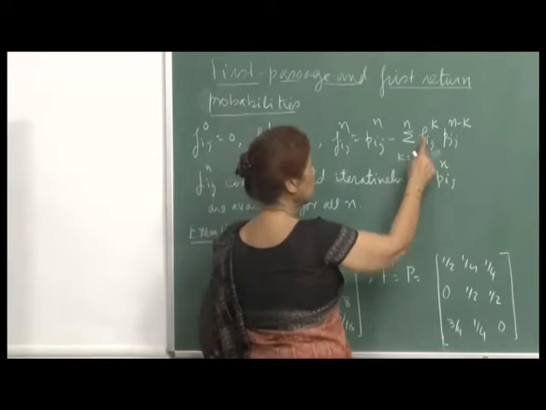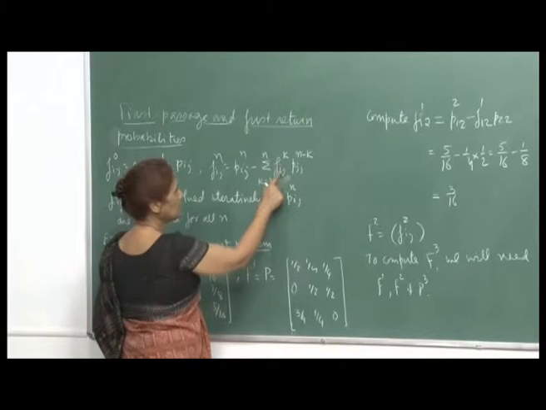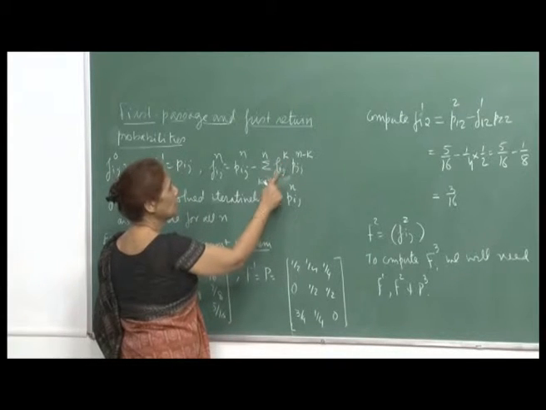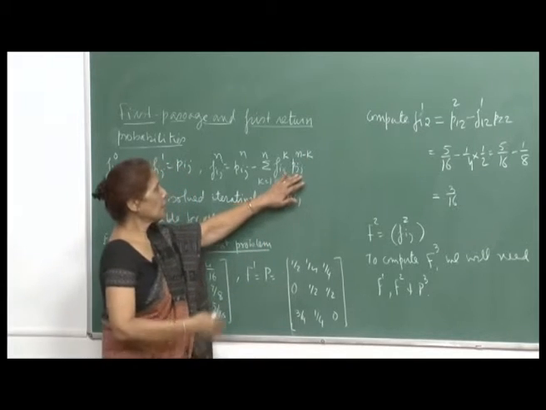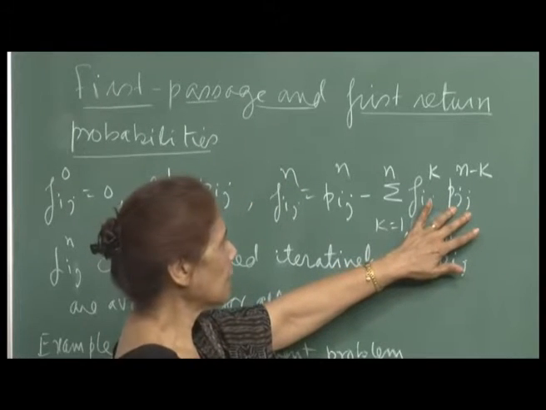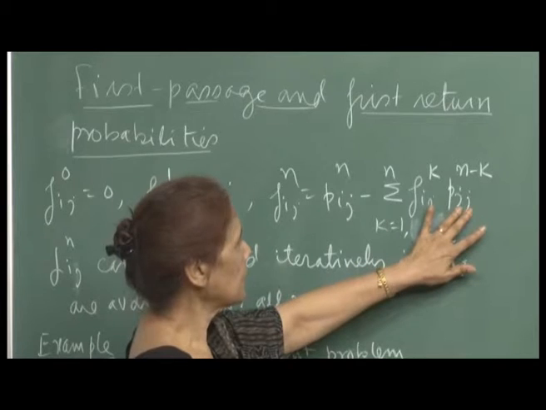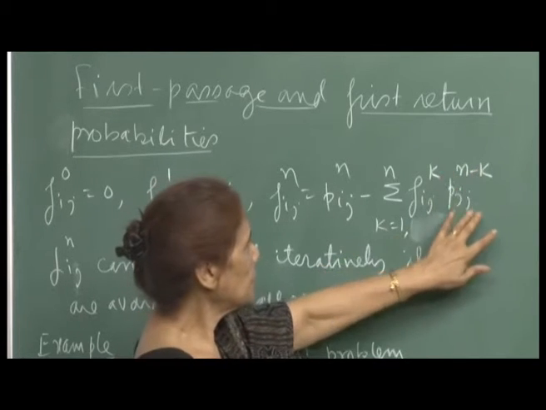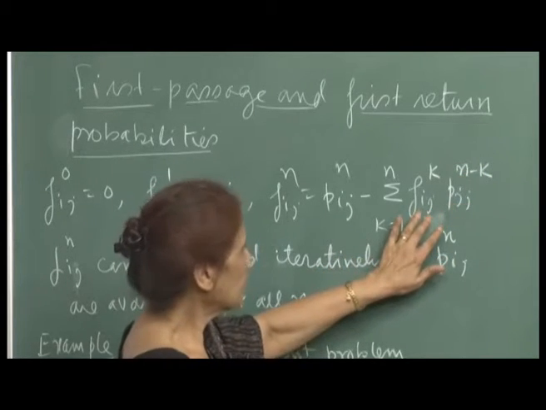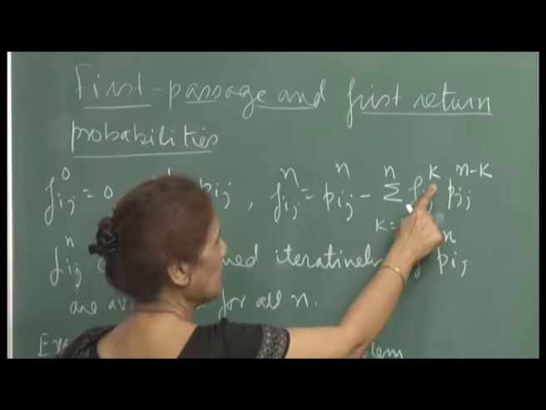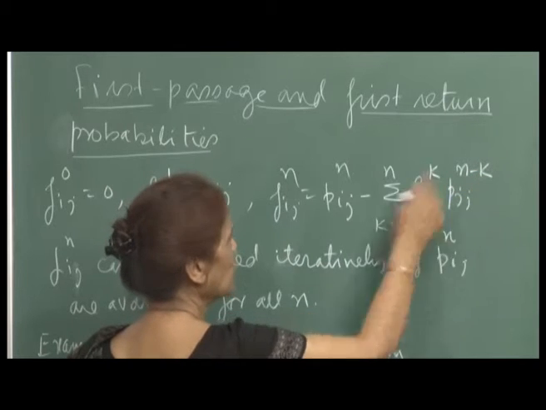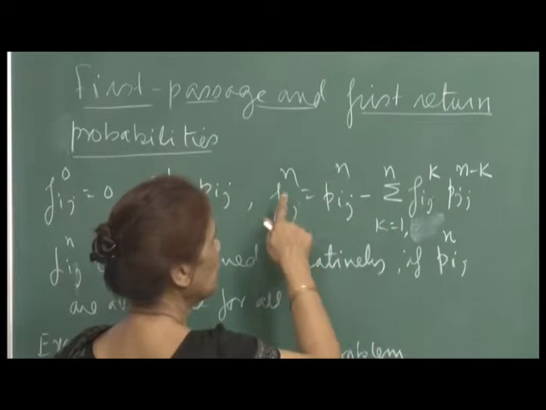This says that in k steps you transition from i to j for the first time, and then from j to j in n minus k steps. This again will include going from j and coming back to j, but in between you can also visit j any number of times. Here you have already reached j in k steps, and all this is happening because you are computing the transition probabilities up to n.